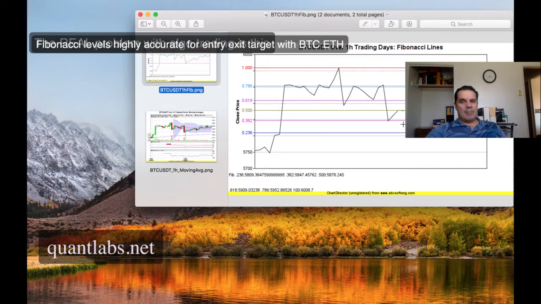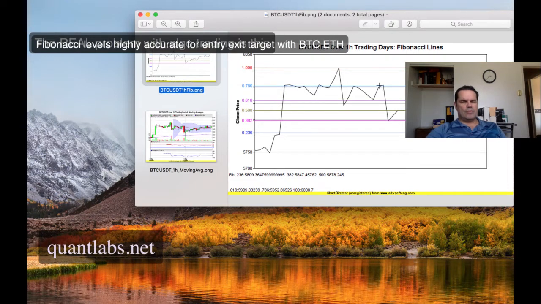We see how it bounces off that 382 on the 2-day. These moves are very, very accurate. I mean, we are bouncing minimum 382, blows through that, take profit here on that particular trade.